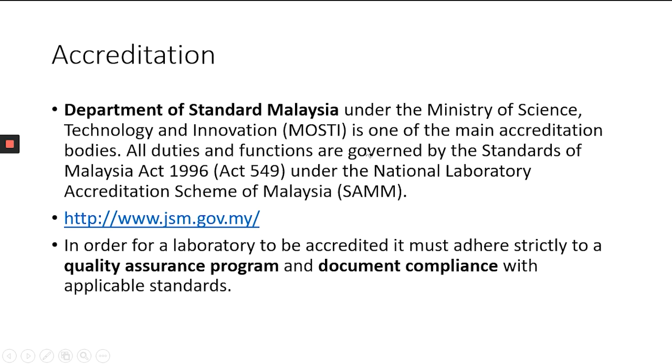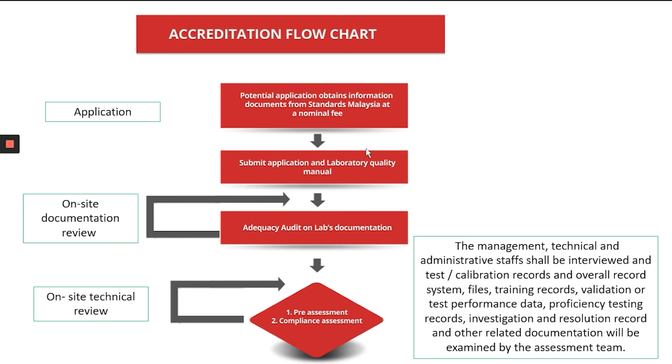So how to apply for accreditation from the Department of Standards Malaysia? This is the flowchart. First, a lab to be accredited must apply, and then they have to do some self-assessment.